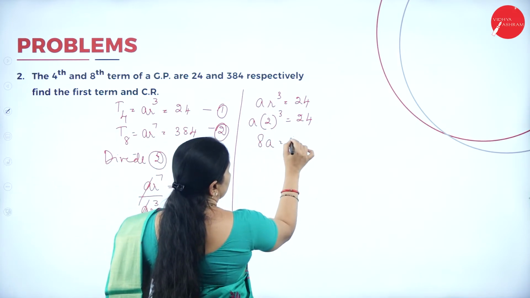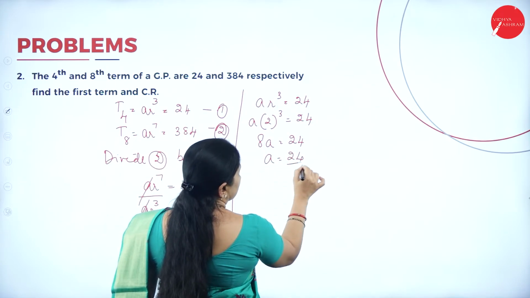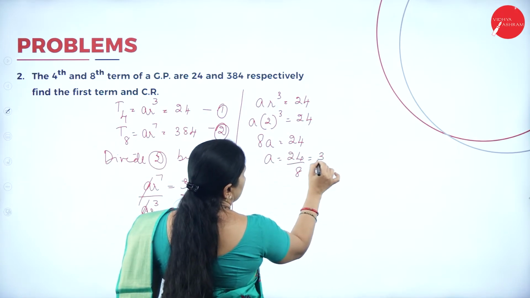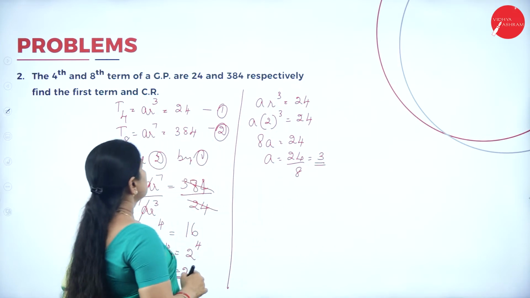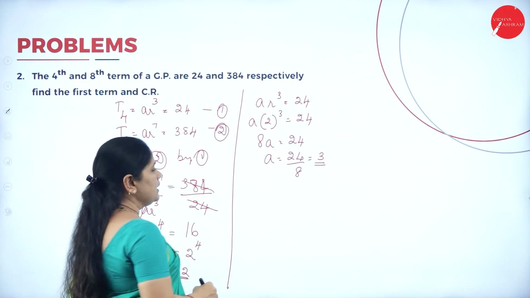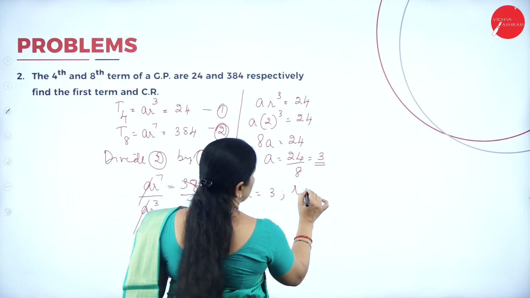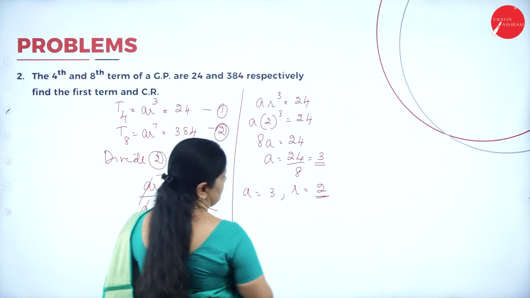So 8A equals 24, A equals 24 by 8, A equals 3. So R is 2 and A is 3. A equals 3, R equals 2 is the answer.